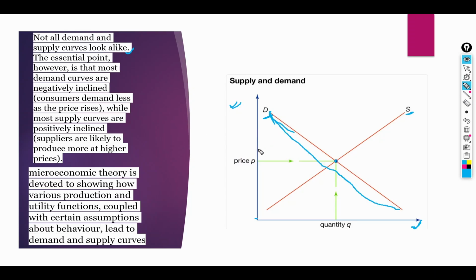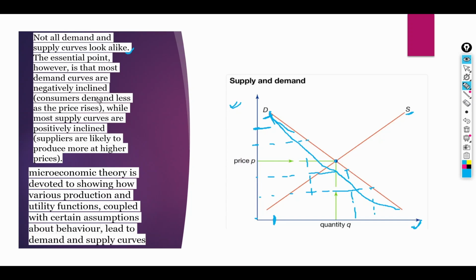If the price value is rising, the quantity that you are demanding keeps on decreasing. Price is more, so the quantity you demand is less. When the price is decreasing, your demand keeps on increasing. Even less price, your demand will be more, like this.